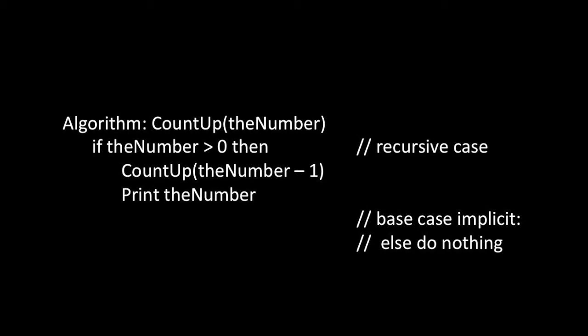My base case will be implicit. That is, I'm going to do nothing, just return. Otherwise, we'll print out the new line before printing the numbers. When I implement the algorithm in Java, I'll take care of the new line by putting it in the driver that calls countup. You might try tracing the activation records for countup to make sure that this algorithm does what I claim it does.